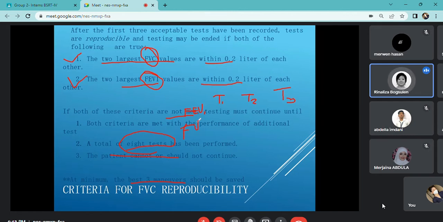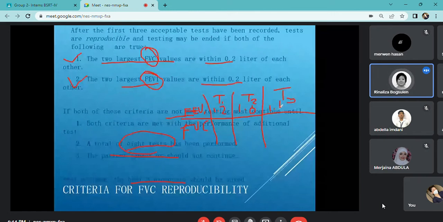All in liters, ha? So I don't have to put liters. Okay. So yung FEV1 mo, sa trial 1 is 1.2 liters. Sa trial 2, it's 1.0 liters. Sa trial 3, it's 1.1 liters.